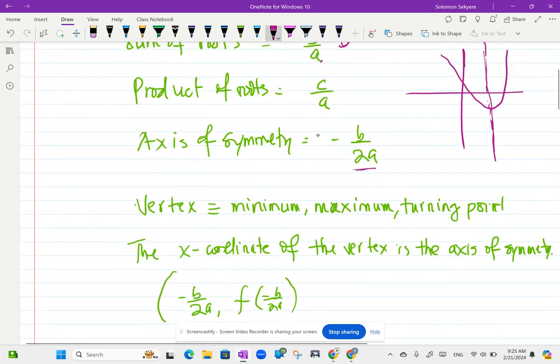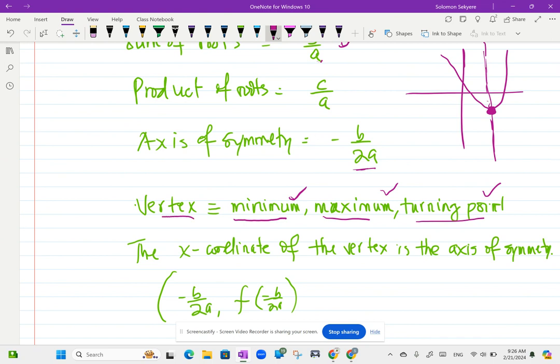The vertex of the parabola is synonymous with the word minimum, maximum, or turning point. So if you hear minimum, maximum, or turning point in a quadratic question, think vertex.